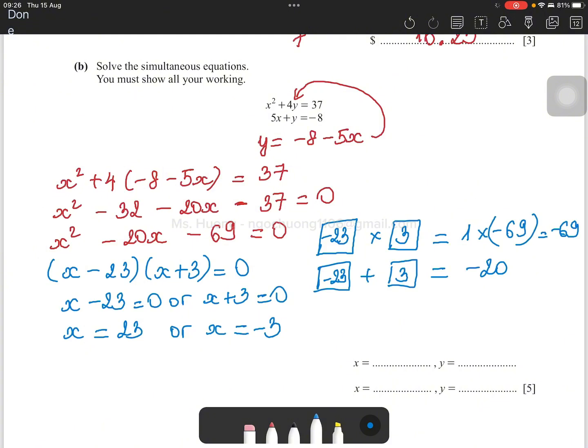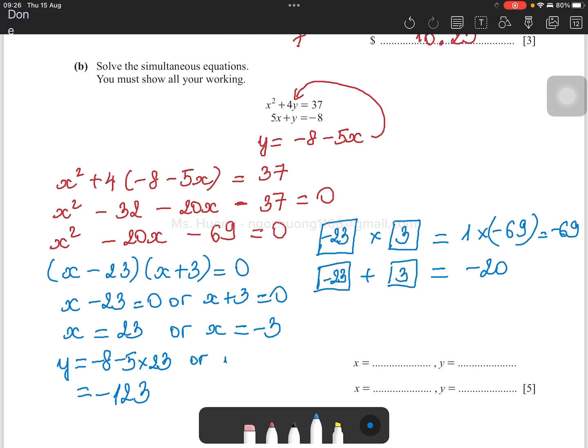For x equals 23, y is equal to negative 8 minus 5 times 23. So y is equal to negative 123.